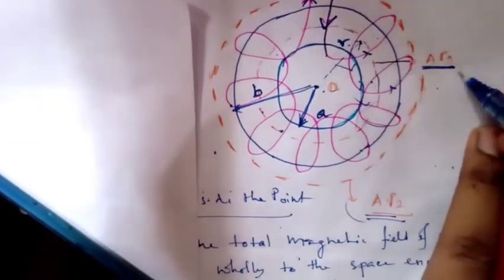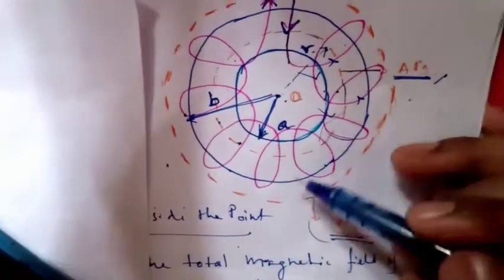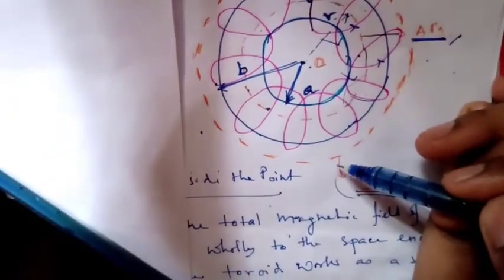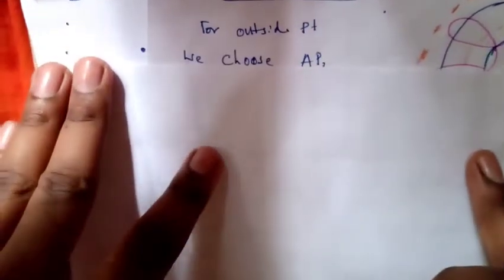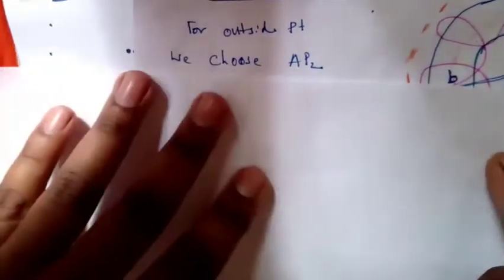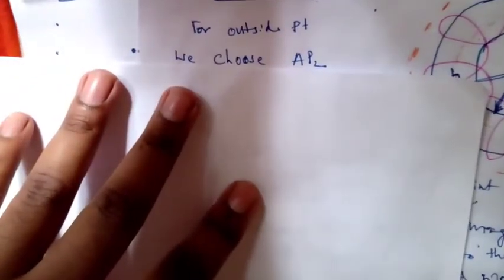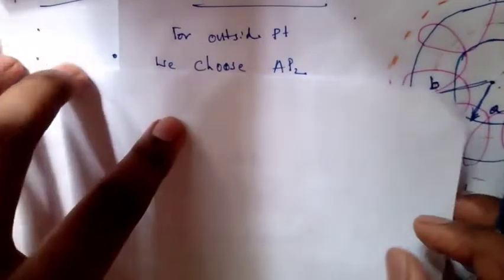Inside amperian path AP1 of radius small r and outside amperian path AP2 of radius capital R. Initially, we want to find the magnetic field for the outside point. For the outside point, we choose amperian circular path AP2 of radius capital R.